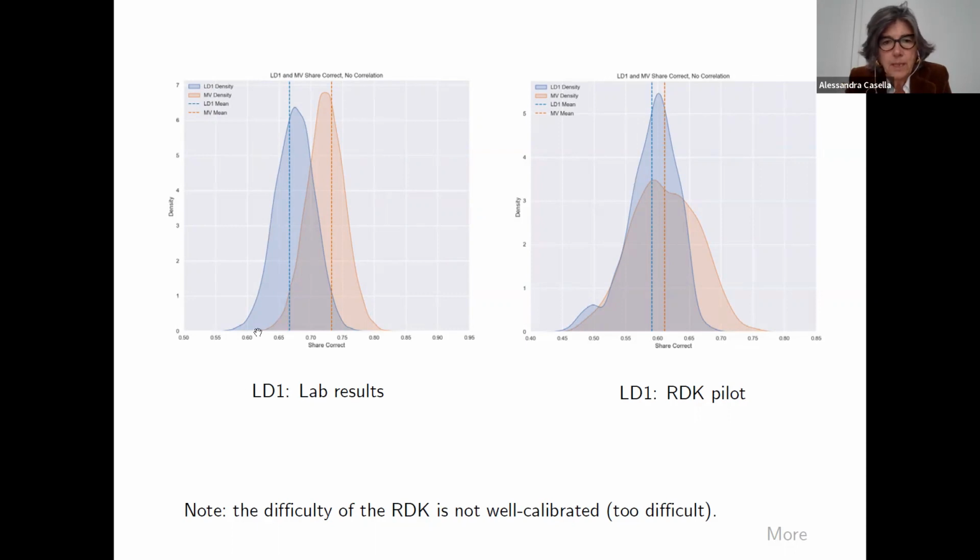We did LD1. And you see, this is the result I showed you before. This is delegation blue, majority voting orange. And this is what happens in the pilot. There is much more overlap, although it remains true that you have a tail of good decisions with majority voting that you don't have with delegation.